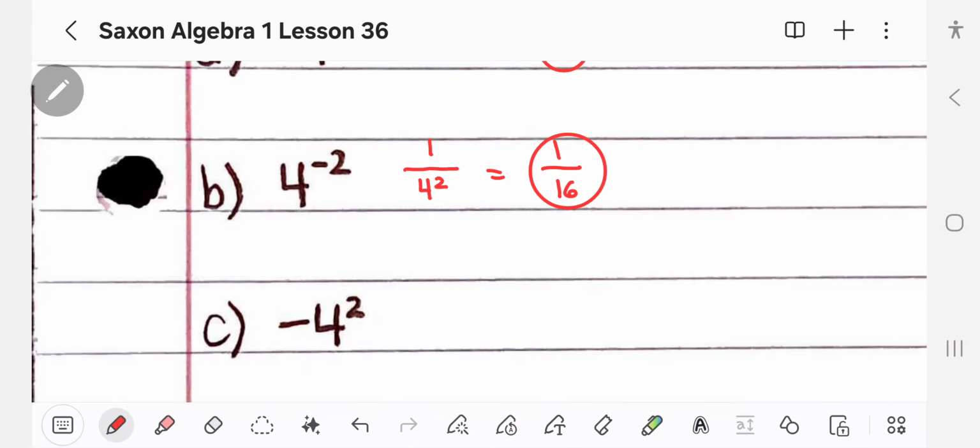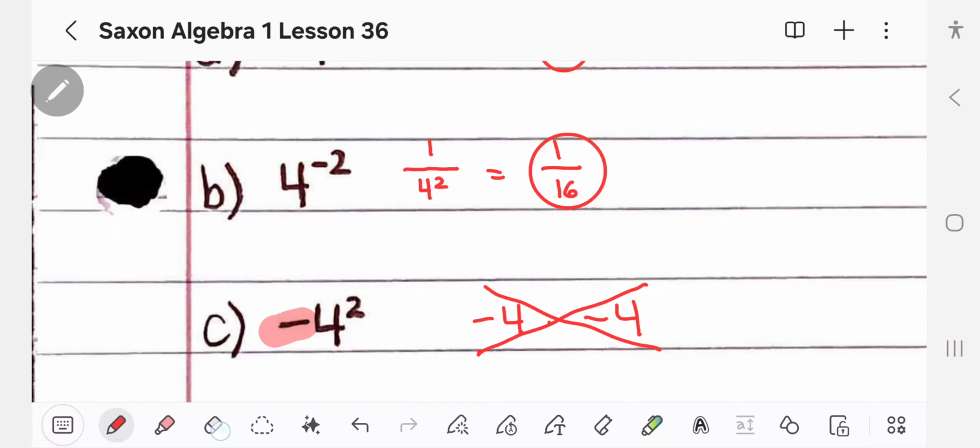What is this? Well, often people think that that means negative 4 times negative 4, but it does not mean that. So how are we going to know? Well, the book gives a little tip, and it says to take your finger and cover the negative symbol. I'm going to pretend this is my finger, and I'm just covering that negative symbol.